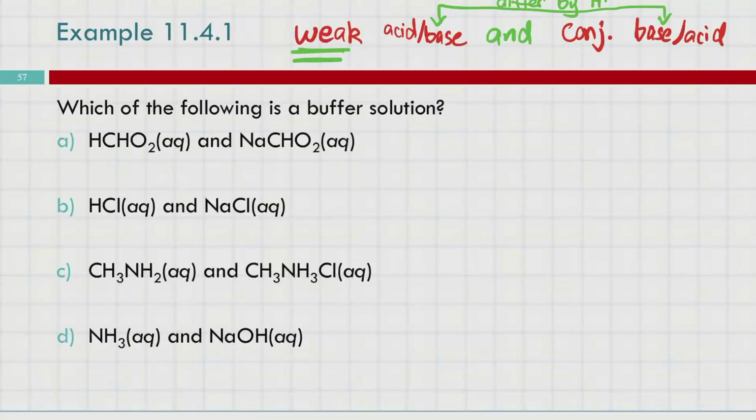To start, let's classify as many of these as we can as acids or bases. So starting with HCHO2, is that an acid or a base? It is an acid. Any guesses about whether it's a strong or weak acid?